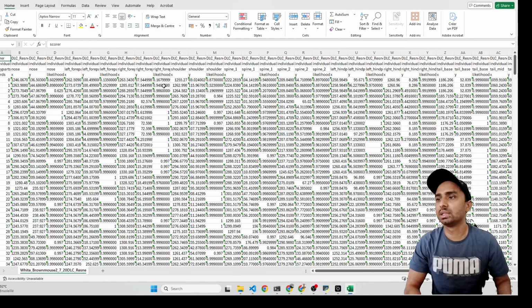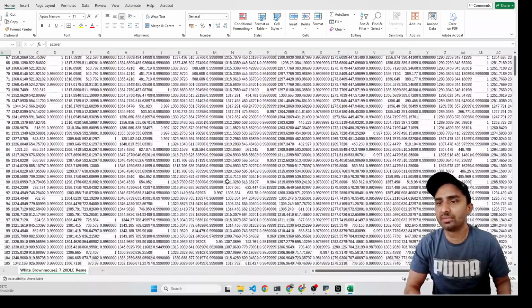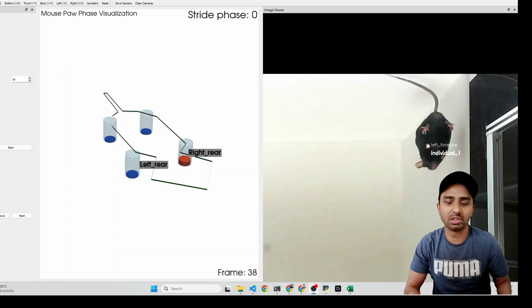So we can see here different x and y values of all the four limbs, left, right, hind and rear limbs, of every frame, based on the DeepLabCut output.